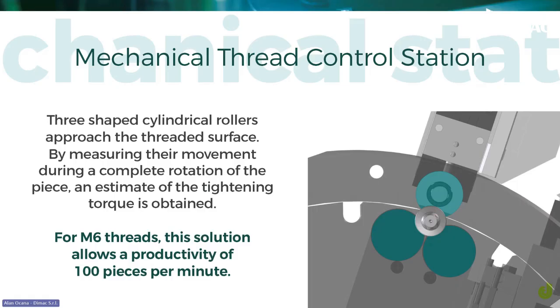All right, so let's begin with one of the most traditional and reliable methods, the rolling mechanical station. This is a purely mechanical setup composed of three shaped cylindrical rollers. These rollers are positioned 120 degrees apart and gently press against the thread surface of the part. As the part rotates, the rollers follow its movement.